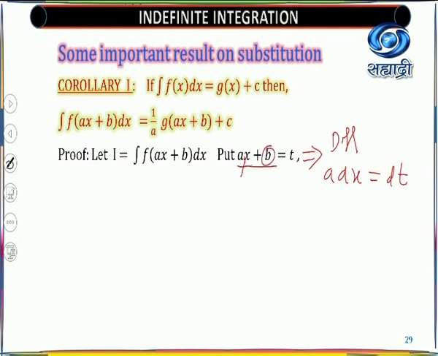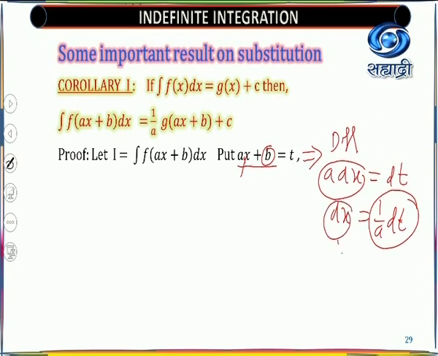That side you will get dt. So a dx equal to dt, but dx is equal to 1 upon a dt. This is the increment in x, and the corresponding increment in t is dt.